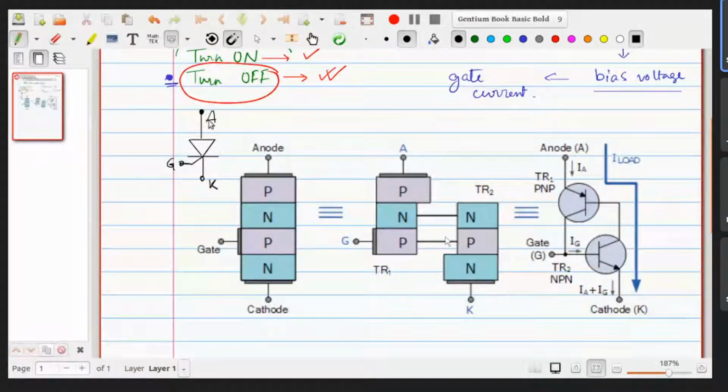So this particular device that we observe here, say figure A, this is like our figure B, this is figure C, and this is our figure D. This is the representation of the silicon control rectifier, where we have three terminals: anode, cathode and gate.